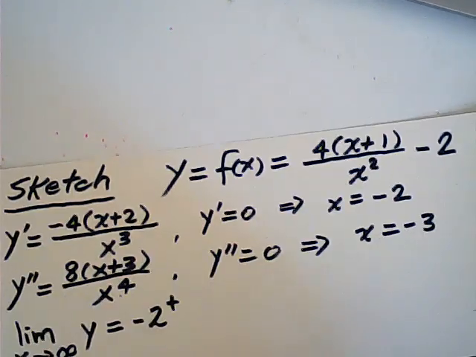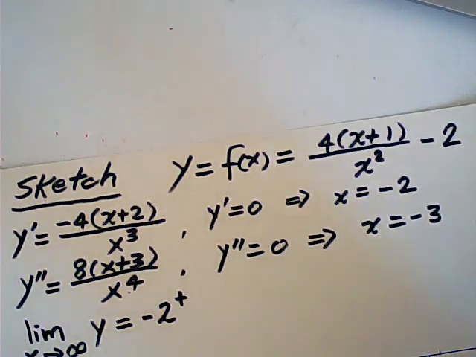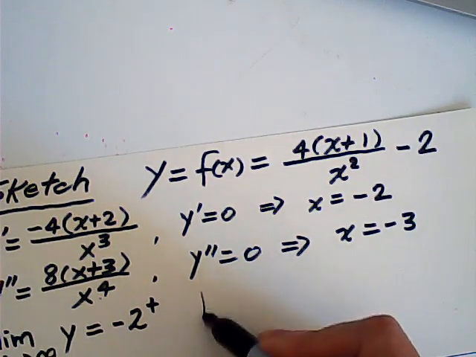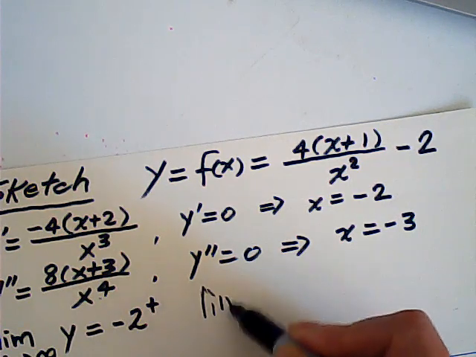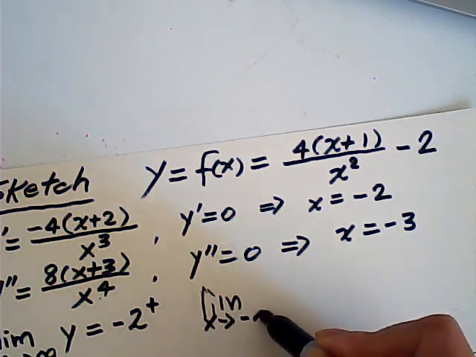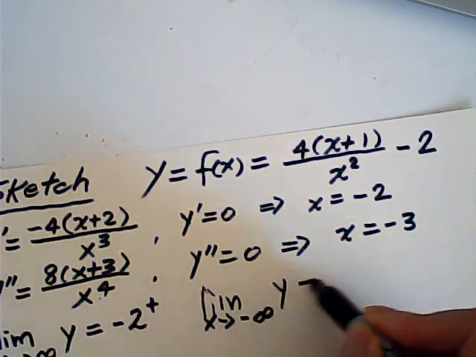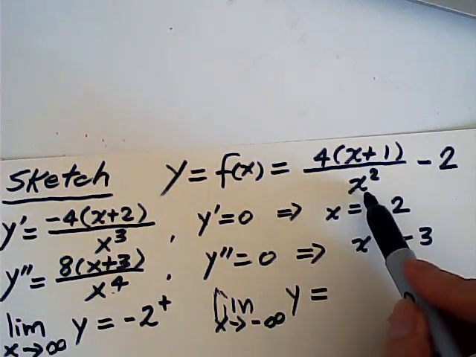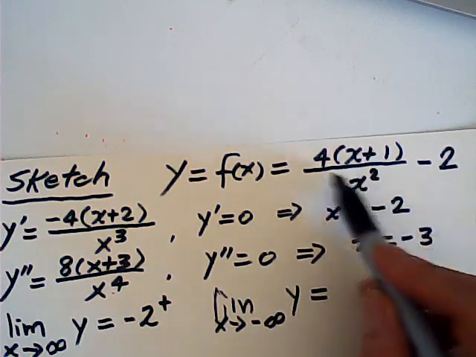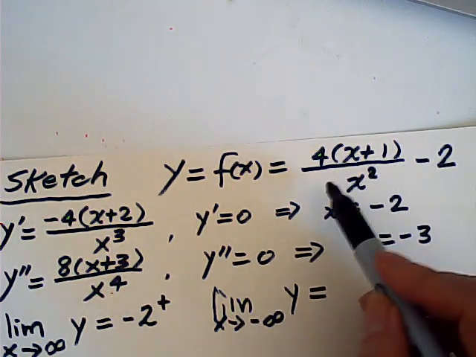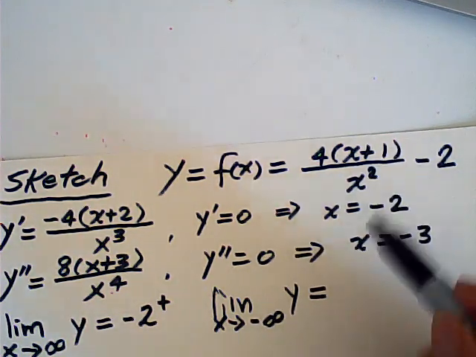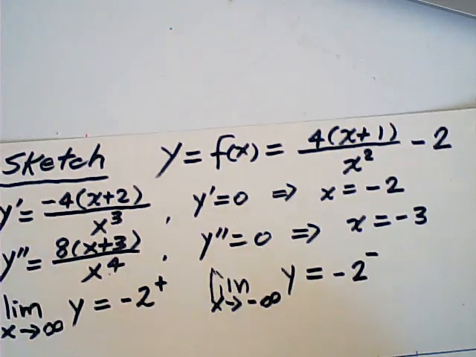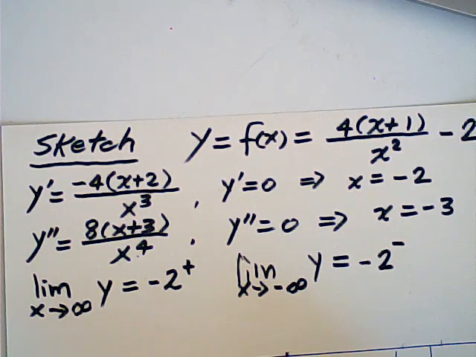And when x goes to minus infinity, this is positive, this is negative. The overall is a very small number, but negative. So this is minus 2 and from below.